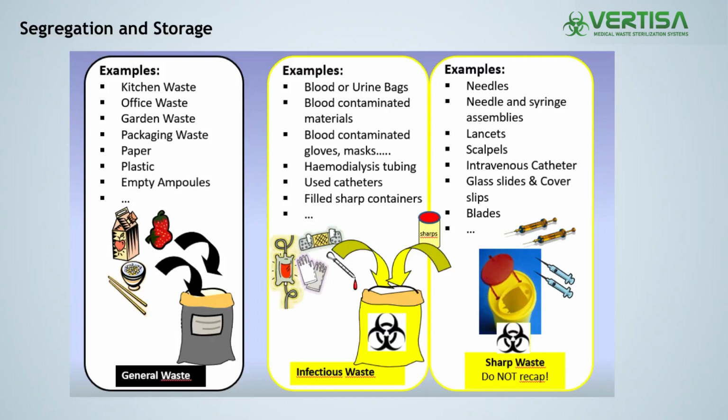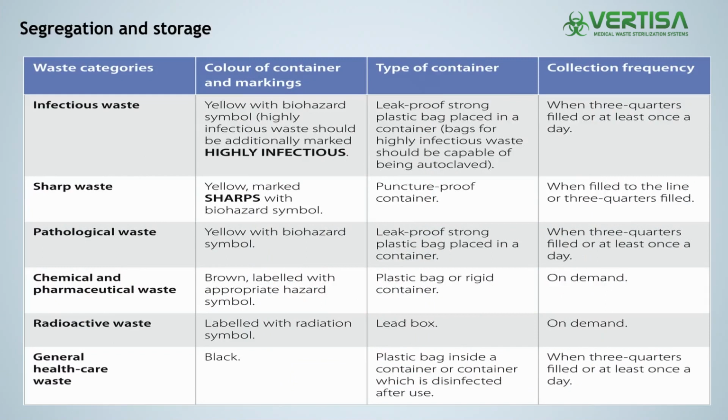This is also shown in this table by WHO, where recommendations for color coding and types of containers for the different categories are given. Let us take one look at a specific case of sharps. Sharps is one fraction with a high risk, mostly for healthcare workers, waste workers, or sometimes even users of recycled injection equipment.